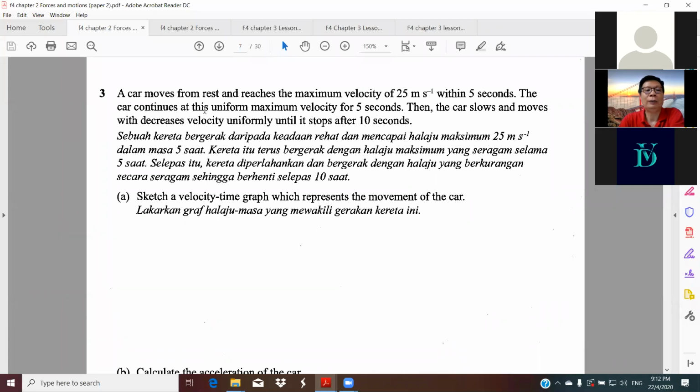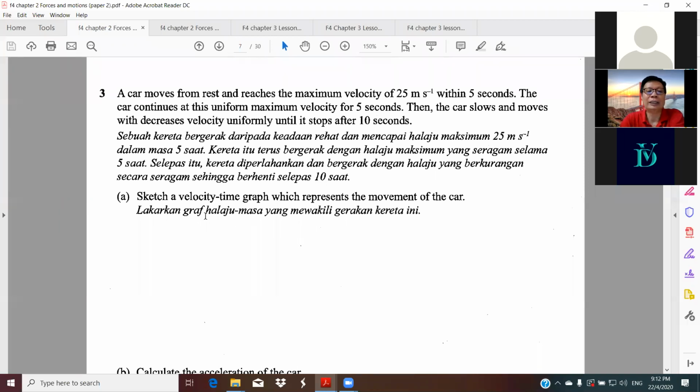The car continues at its uniform maximum velocity for 5 seconds, continuing with speed 25 for 5 seconds. Then the car slows and moves with decreasing velocity until it stops after 10 seconds. Understand? I think the sentences are very clear already. I will read one more time.